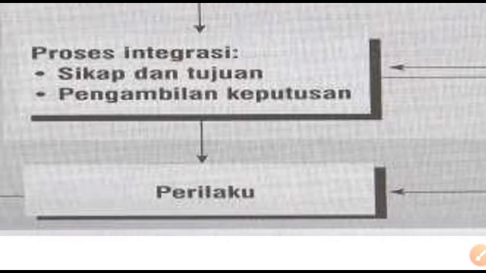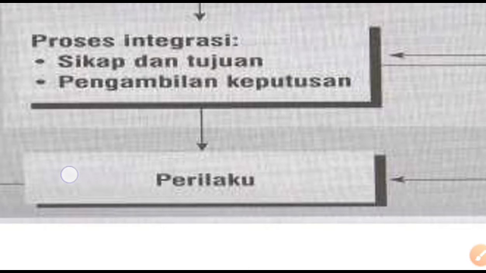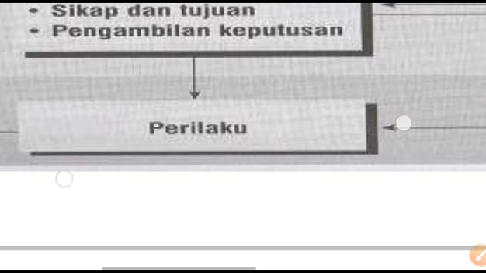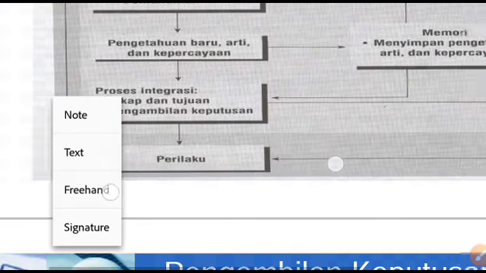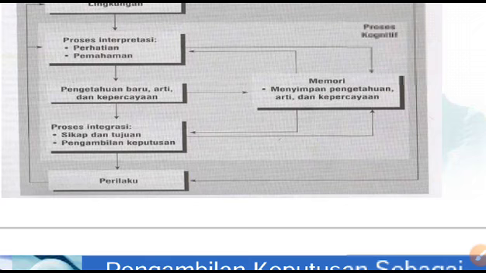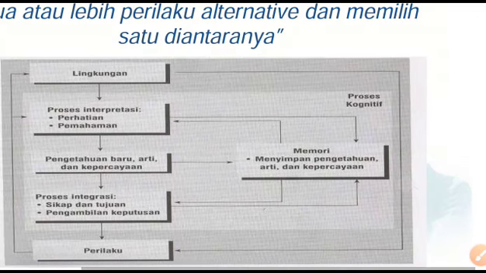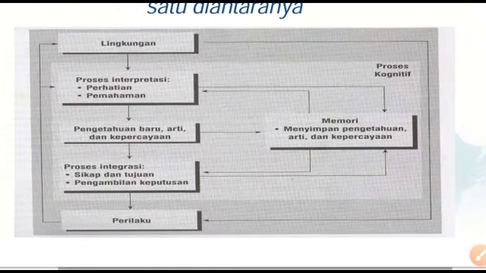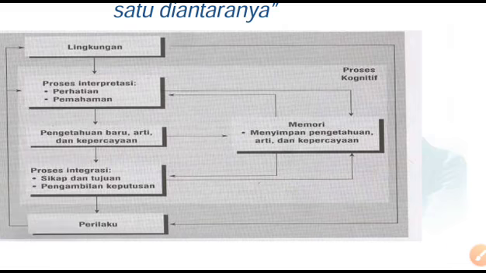And then after the process of integration, attitude and purpose, behavior, decision, and then the last is behavior. This is all the cognitive process before the consumer buys the product.